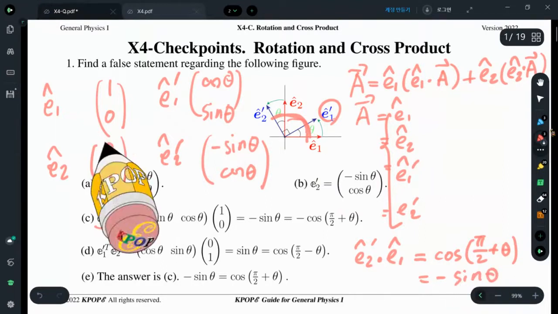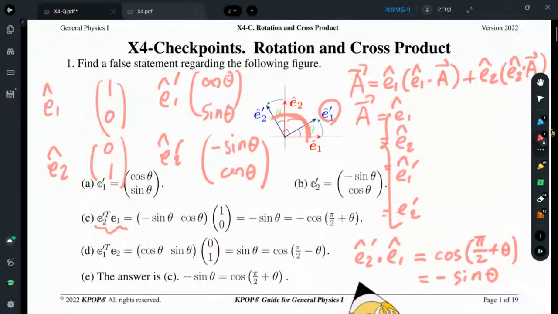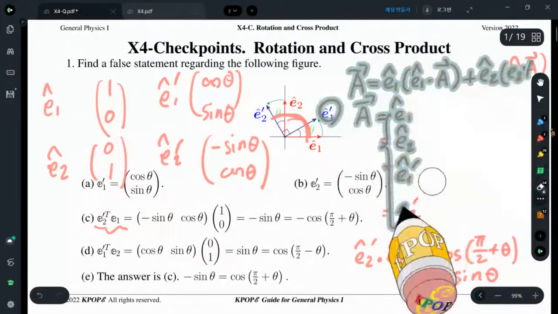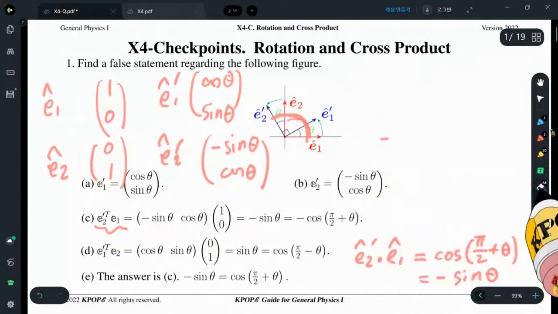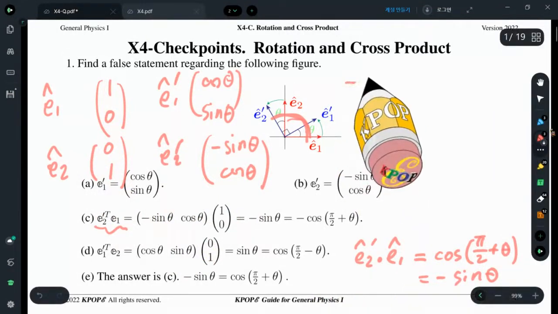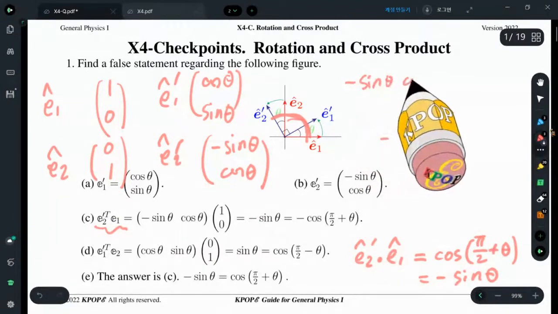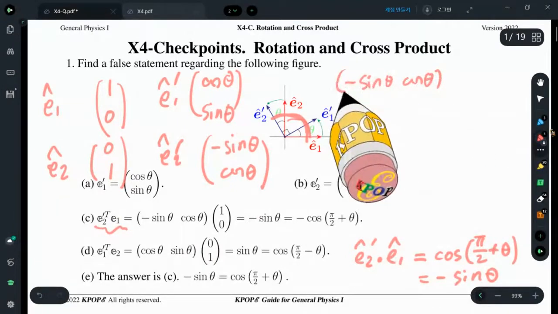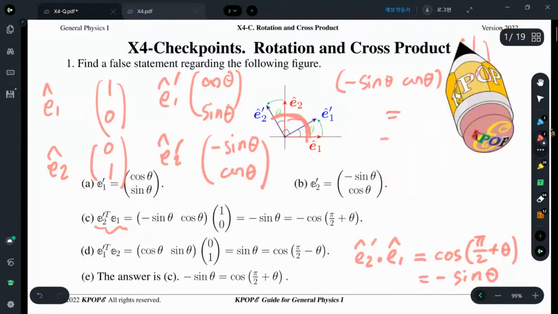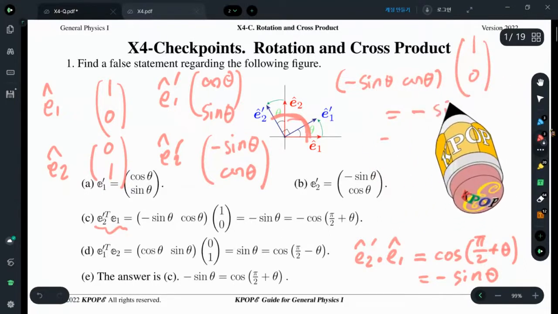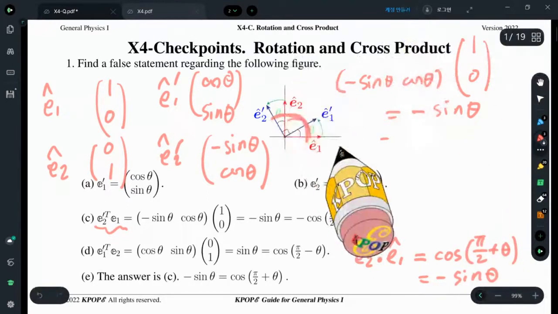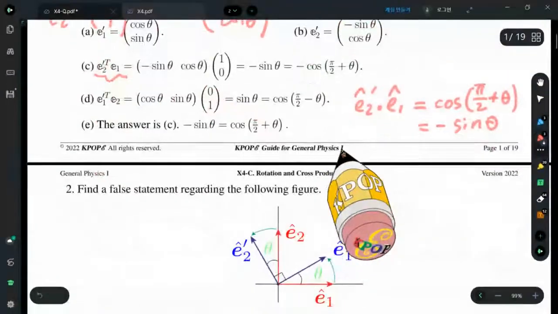Or we can make use of these components, Cartesian components. E2 prime is minus sine theta, cosine theta, and E1 is 1, 0. If we multiply, the answer is minus sine theta. They are the same. Okay. You should be familiar with this.